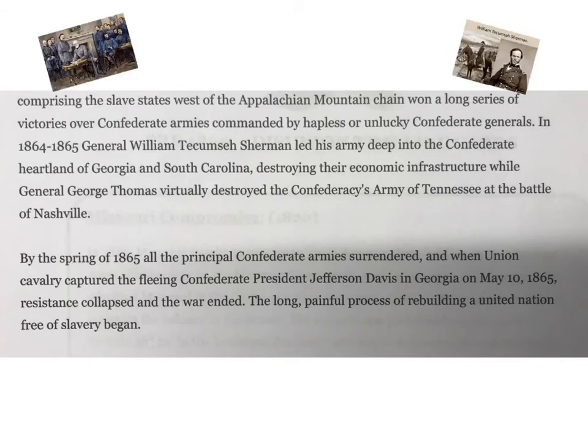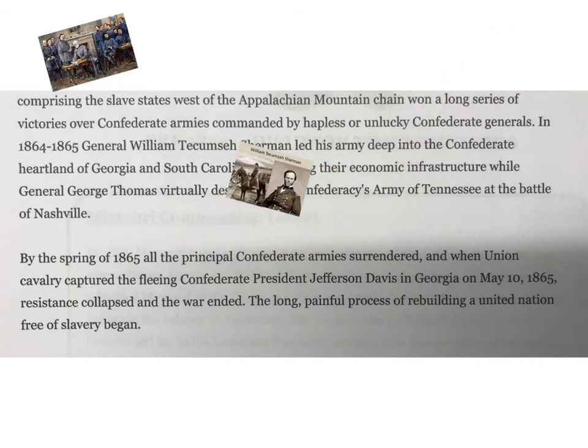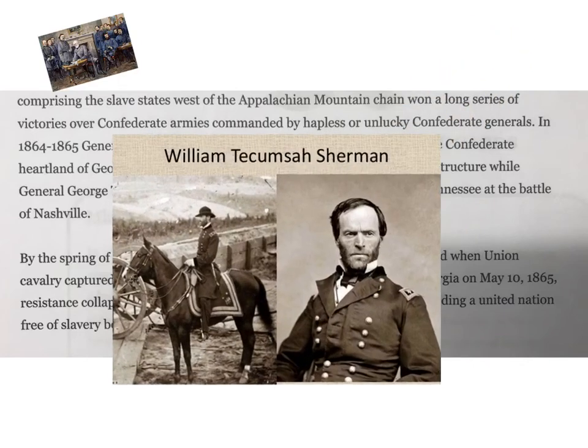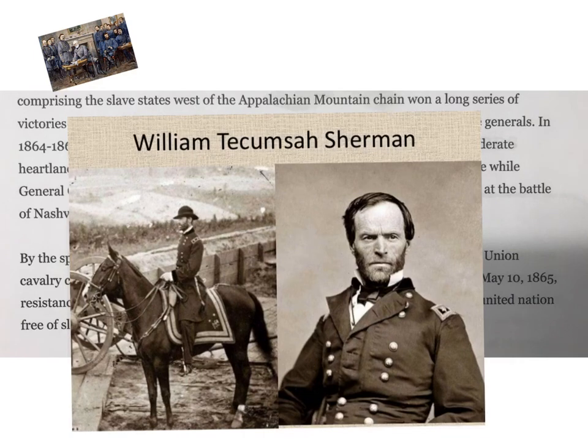On this page, there's two major things that I want you to note. The first one starts with this guy, William Tecumseh Sherman. And Sherman was, as it says, one of the generals for the North. And Sherman had a policy, and this is what I want you to write down on your paper, called scorched earth.